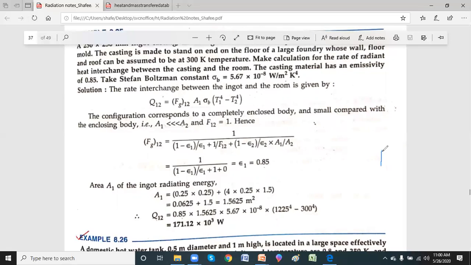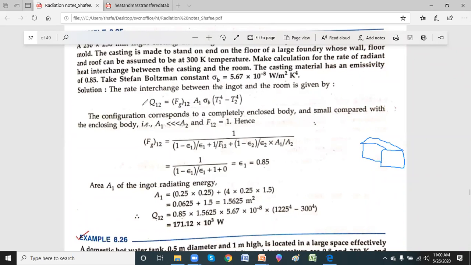Let's see, this is the ingot he is mentioning. So it will be like a cubicle. So this is how the ingot goes. It will be like a parallelepiped. It's a rectangular cuboid, right?